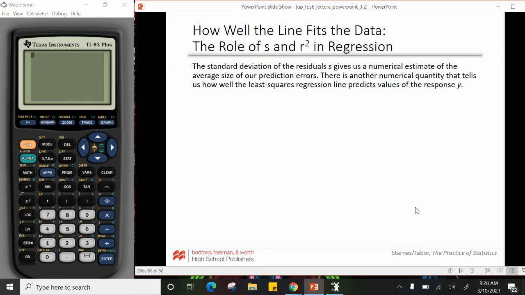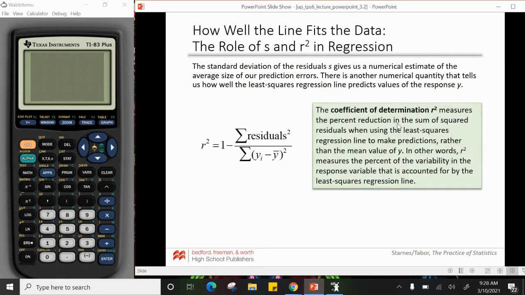So the standard deviation of the residuals S gives us a numerical estimate of the average size of our predicted errors. There is another numerical quantity that tells you how well the least squares regression line predicts values of the response Y. The important part is the response Y. That is called R squared, or the coefficient of determination.